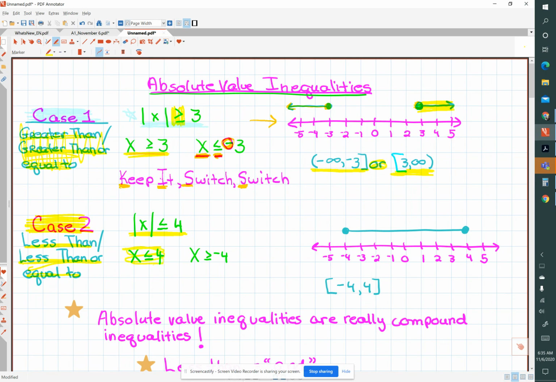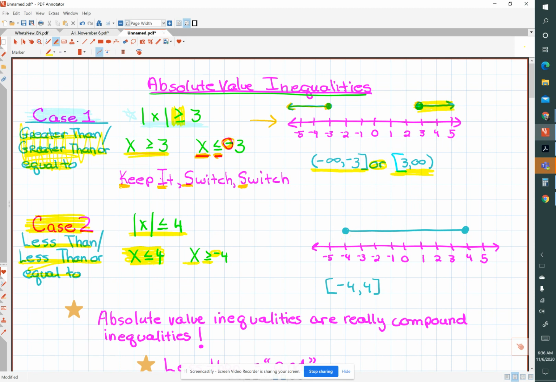In our first case, x is less than or equal to 4. We don't change anything. Then we apply KISS. We keep the variable, switch the inequality, switch the sign on the constant on the right. So now we have x is less than or equal to 4, x is greater than or equal to -4.